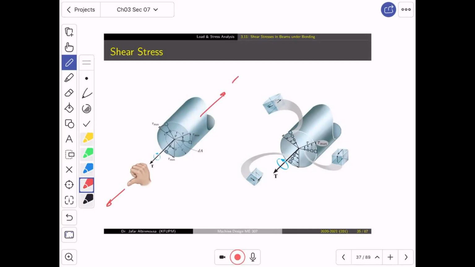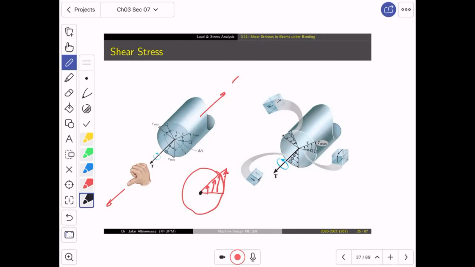What is interesting about torsion is that if it is applied within the elastic regime, it will generate maximum shear stress at the surface, furthest from the center, and it will have a zero value at the center of the cross-section. That's the first thing.